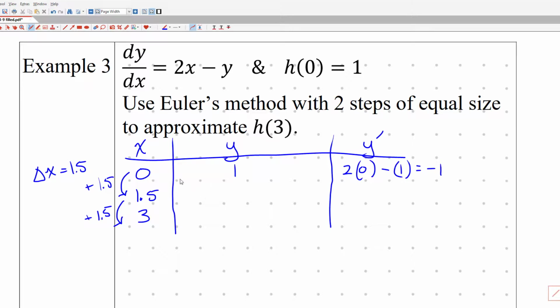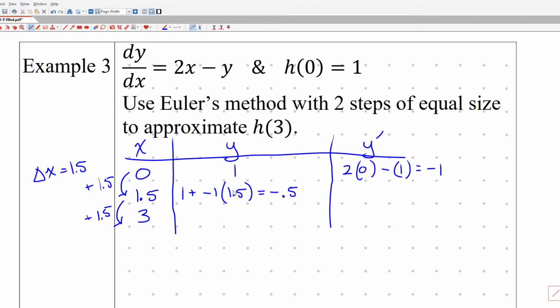So how do I find this y coordinate here? Well, I'm going to take my original y coordinate, 1. So let's write down 1, and then I'm going to add on my slope times my step size. So plus negative 1 times 1.5. Negative 1 times 1.5 is just negative 1.5, so the answer here is negative 0.5.